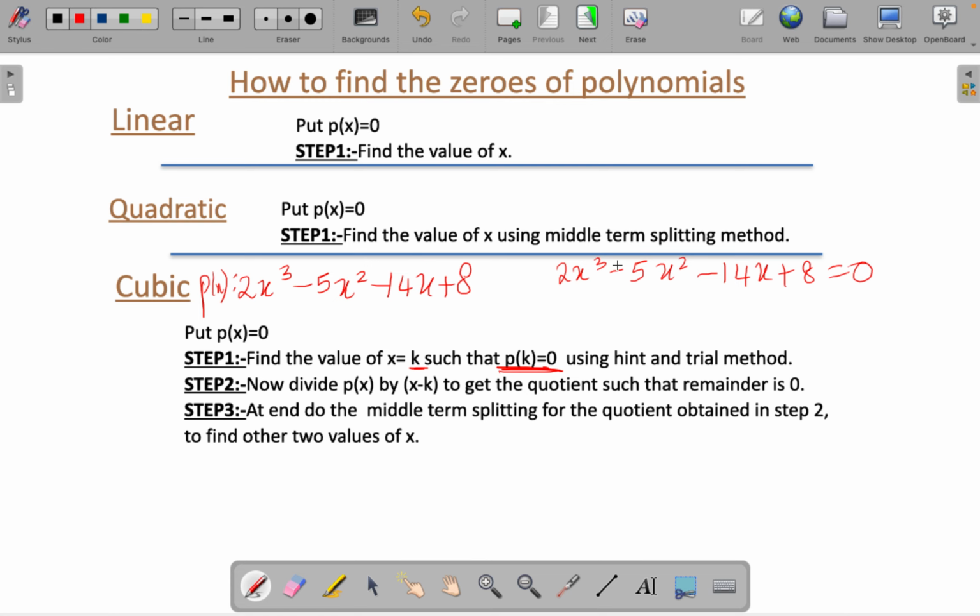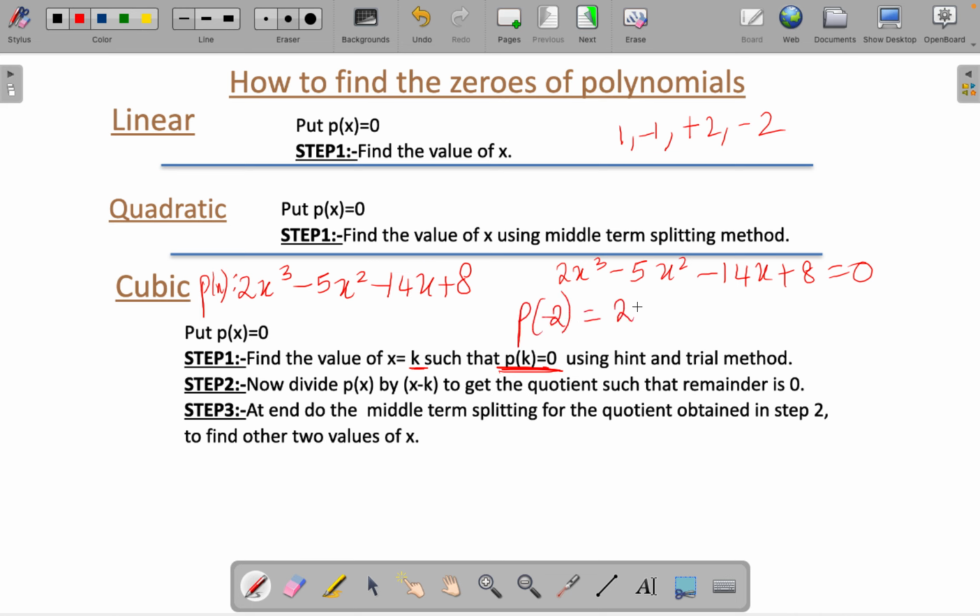So let's try and find out. Basically 1, minus 1, plus 2, minus 2 में 90% questions के factors आ जाते हैं, कोई एक factor. So let's take p of minus 2 here.